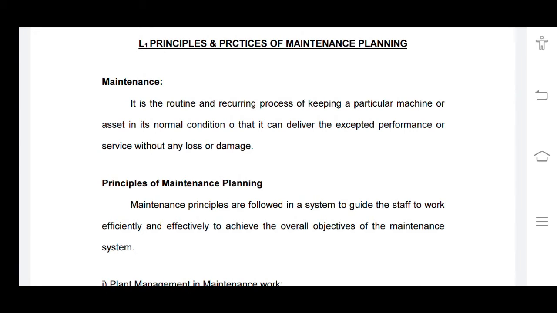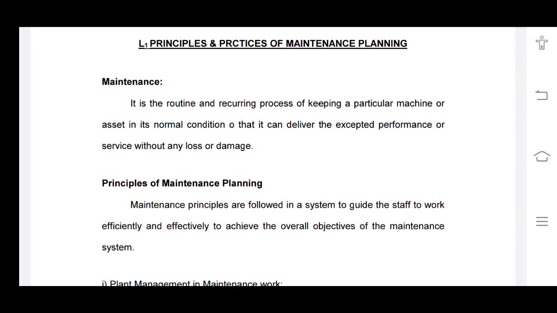So we can say that every engineered object is unreliable in the sense that it degrades with age or usage and ultimately it fails.